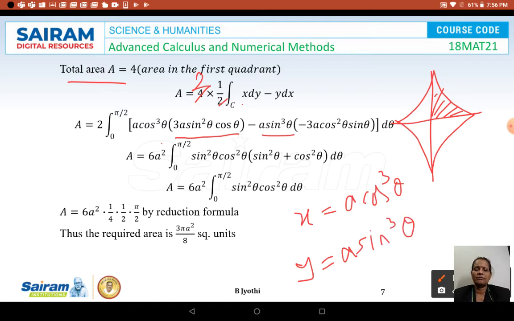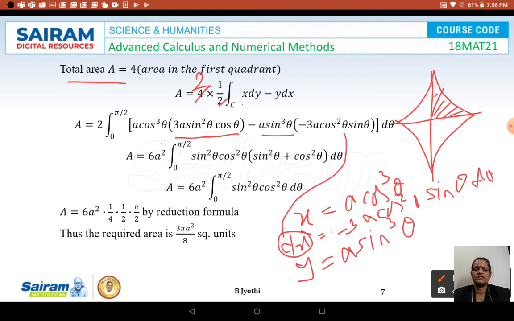So dx is minus 3a cos square theta sin theta d theta, and this dx was replaced here.